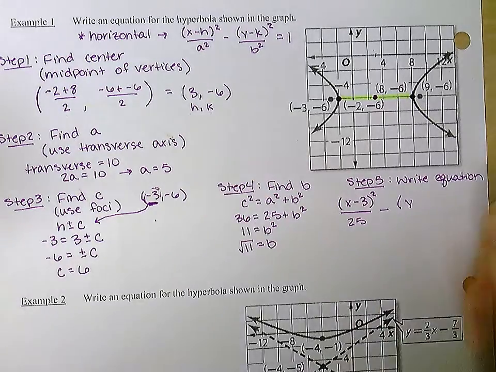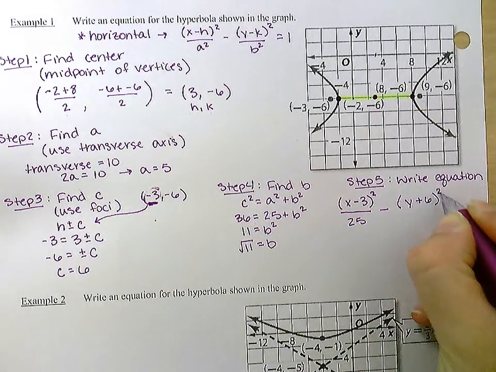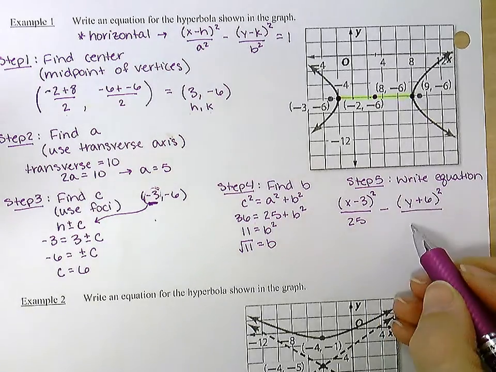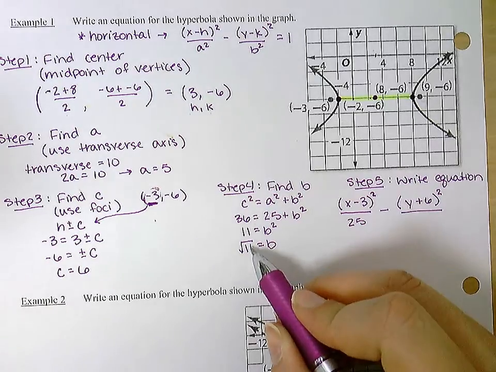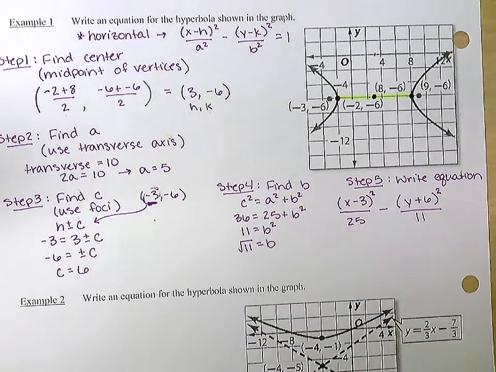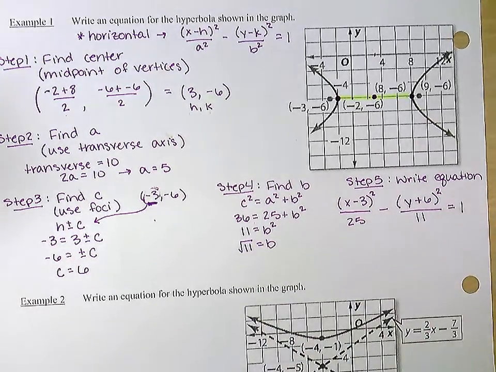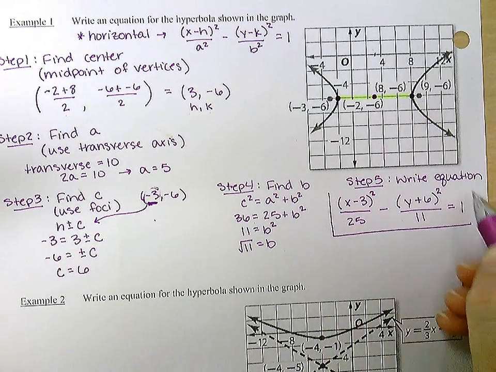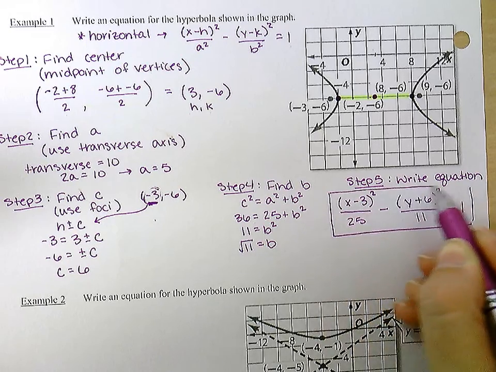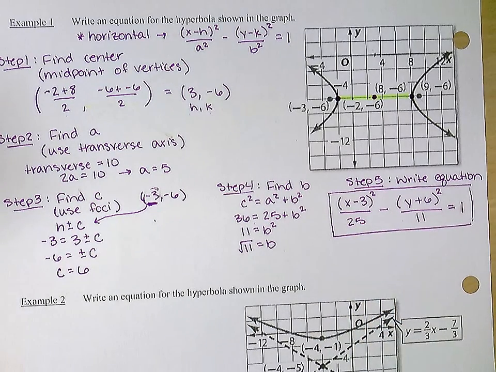Since it's minus a negative, we can just write plus 6, that quantity squared, over our b value squared. So the square root of 11 squared is just 11, and that's equal to 1. And that would be the equation of that hyperbola.